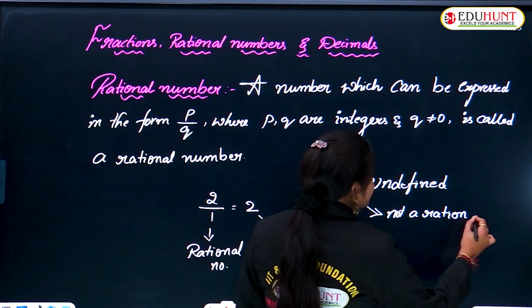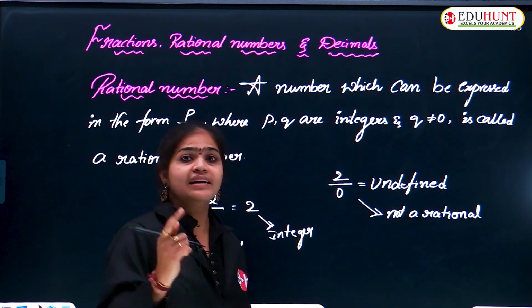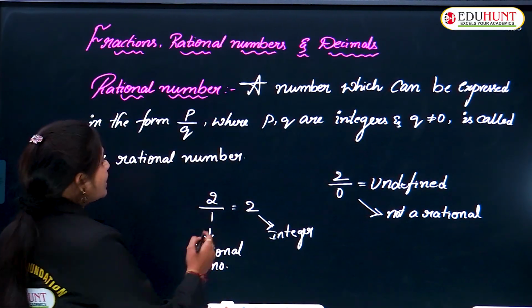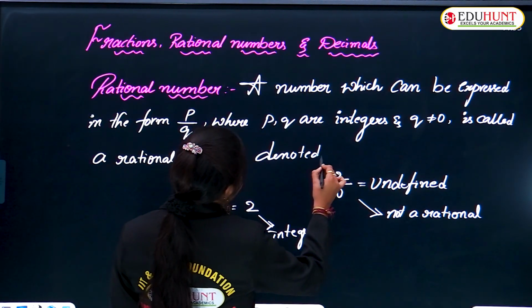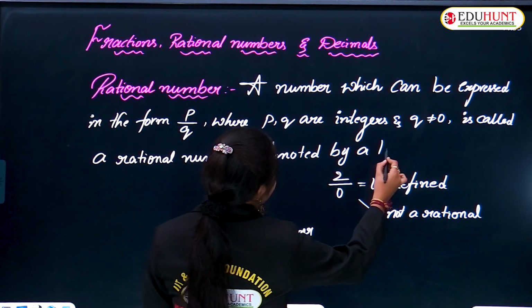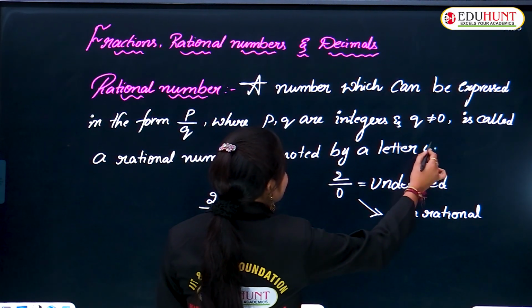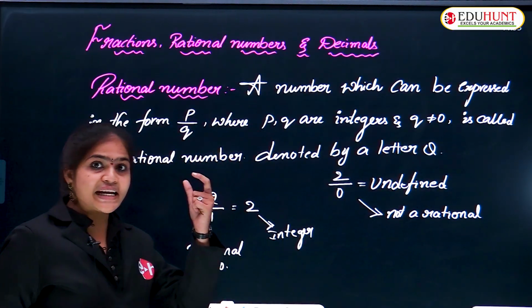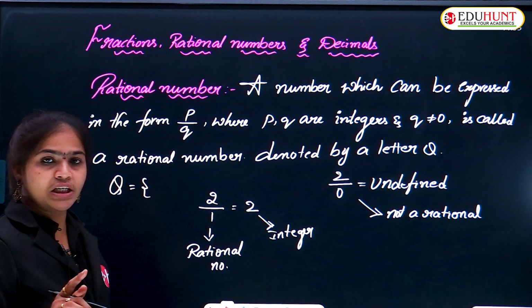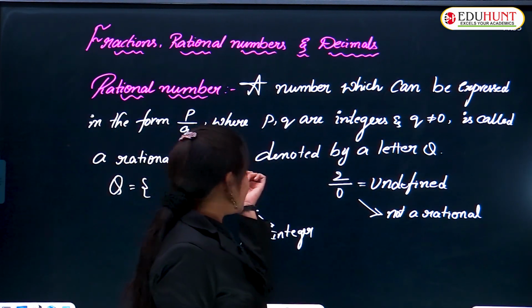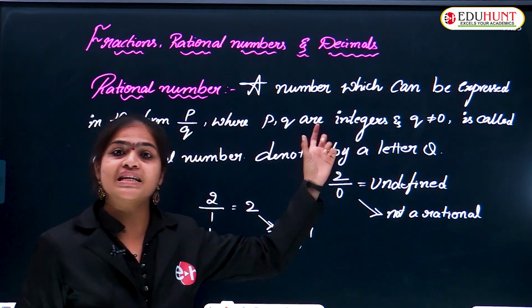Why? Because a rational number always depends on the quotient. That's why the set of rational numbers is denoted by the letter Q. What is the meaning of this sentence? Q means quotient, which means a rational number should be identified by using the quotient only.